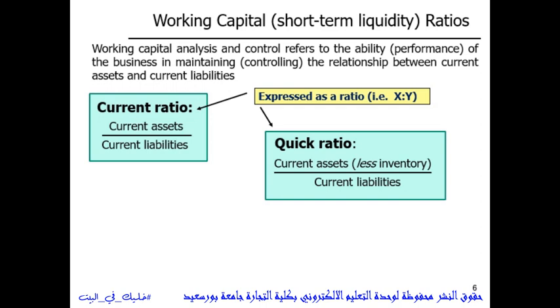Then we have return on capital employed, which is equal to net profit divided by closing capital plus long-term debt multiplied by 100. Then the next two ratios are the current ratio and the quick ratio. The current ratio is equal to current assets divided by current liabilities. The quick ratio is equal to current assets less inventory divided by current liabilities.